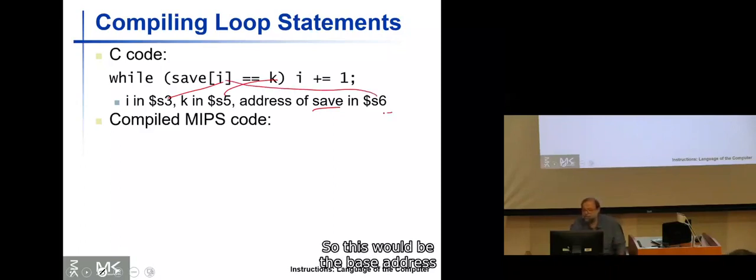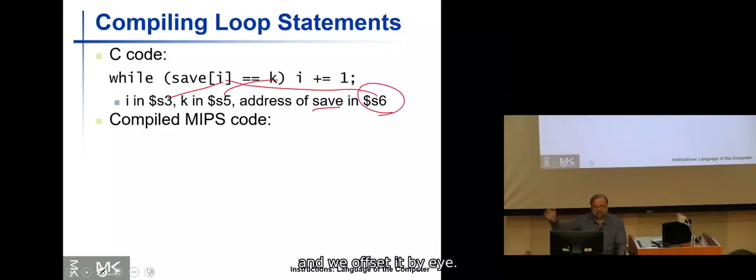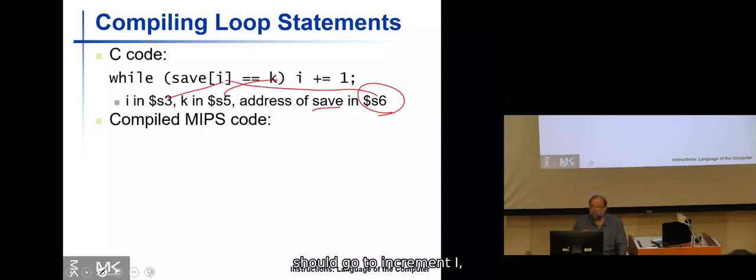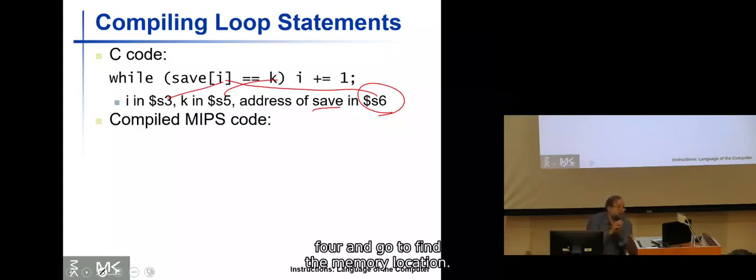So this would be the base address, and we offset it by I. And again, remember, the values are 32 bits. So we should multiply I by 4 and go to find the memory location.